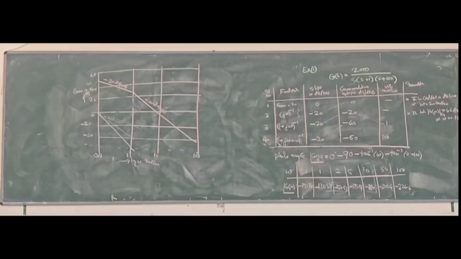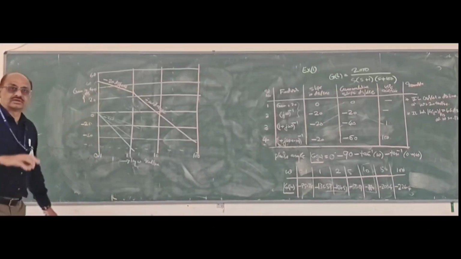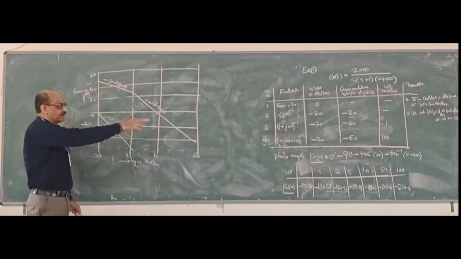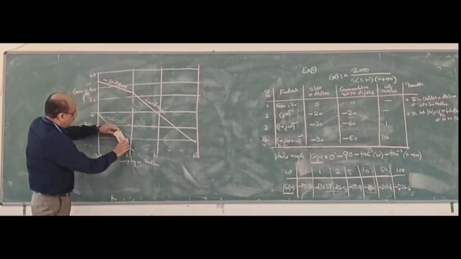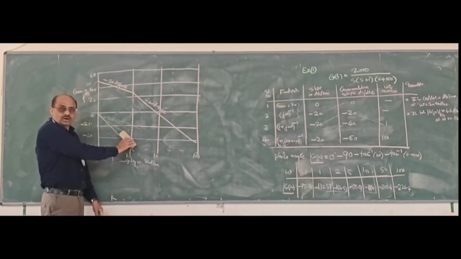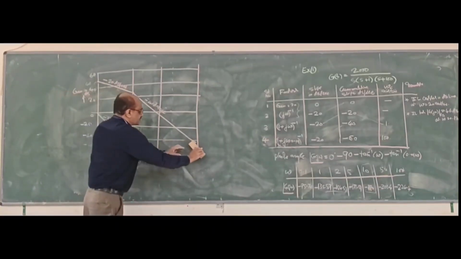Next it is telling after 100, till the remaining frequency, it is minus 60. Take a Roland draw, draw a parallel line to this one.